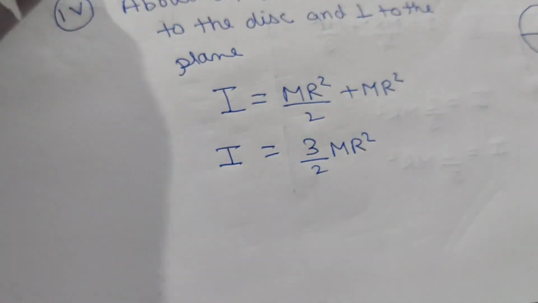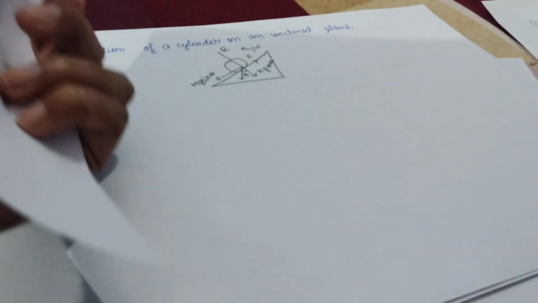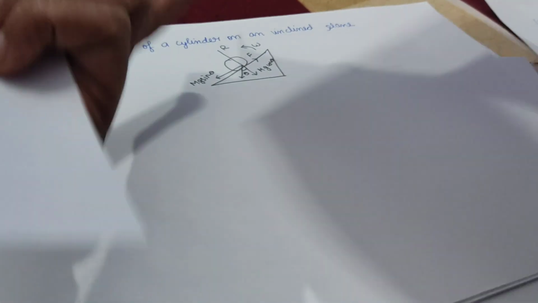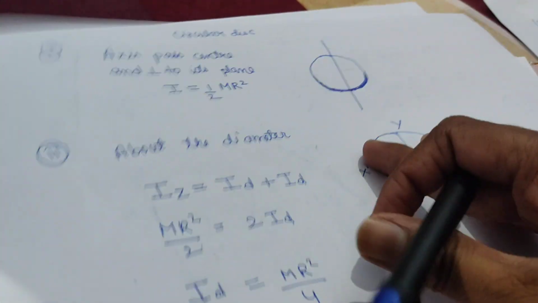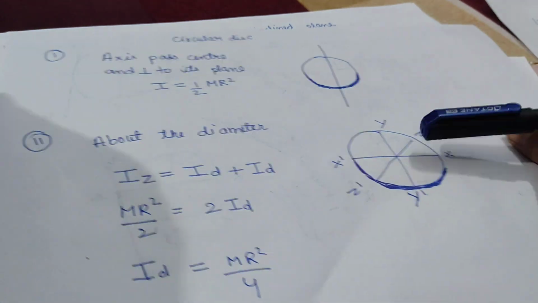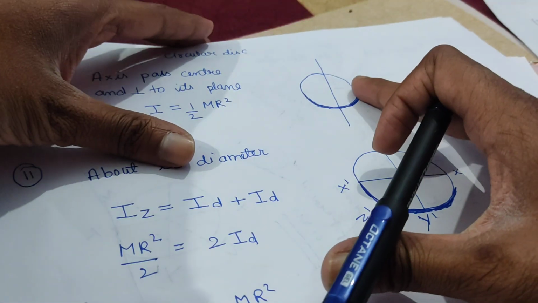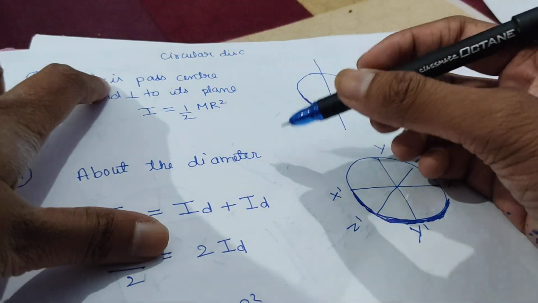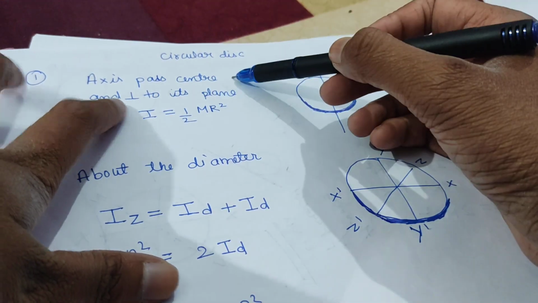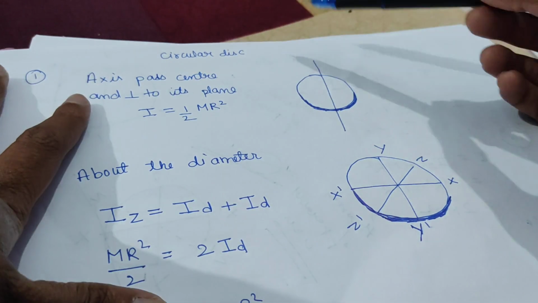Before moving to the ring, let's move to the disc. So this is a disc, and this disc has an axis which passes through the center and is perpendicular to the plane.